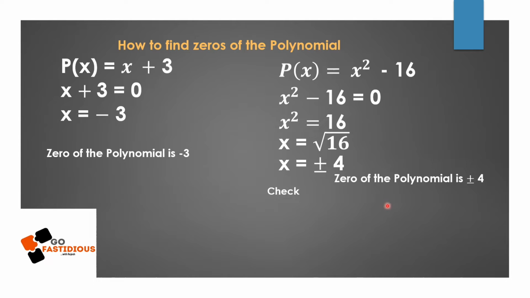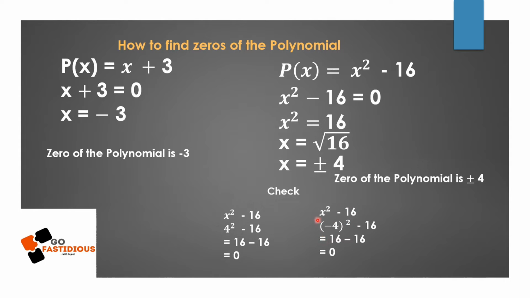Now if we need to check whether this answer is correct or not, what we will do, just put the values of x which we have found just now, plus 4 and minus 4, in the given polynomial. So first plus 4, if I put here plus 4, 4 square minus 16 will give us 16 minus 16, which is equal to 0, and x square minus 16 was the polynomial.